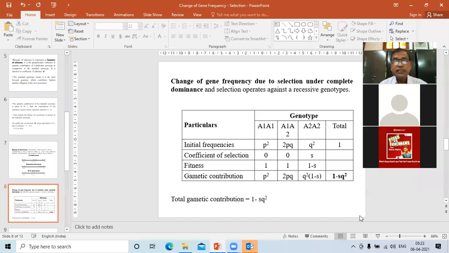You see, I have shown you one table in which the three genotypes and their initial frequencies, or we can say Hardy-Weinberg frequencies, are given. So on the left hand side see the particulars, and on the right hand side you see the genotypes A1 A1, A1 A2, and A2 A2.